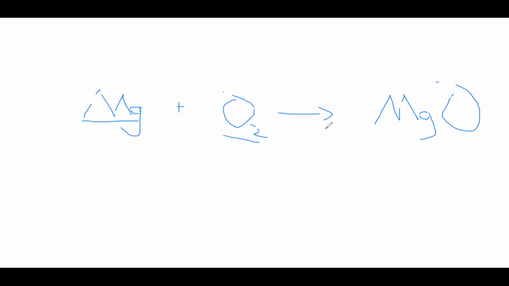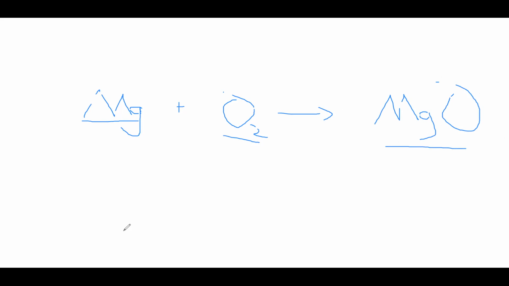Mg plus O2 gives us MgO. So we have a simple reaction here where before the Mg and the O2 were separate elements, but then through this chemical reaction, they get bonded together and become the compound MgO.